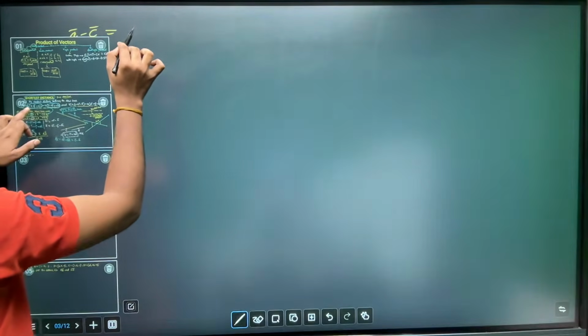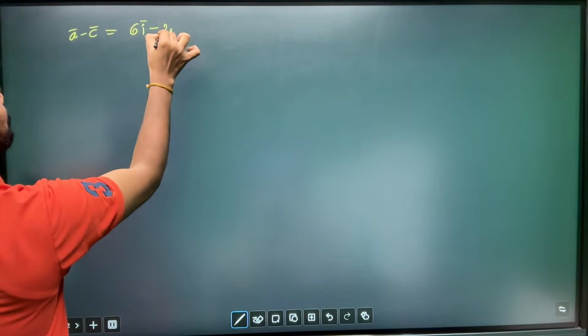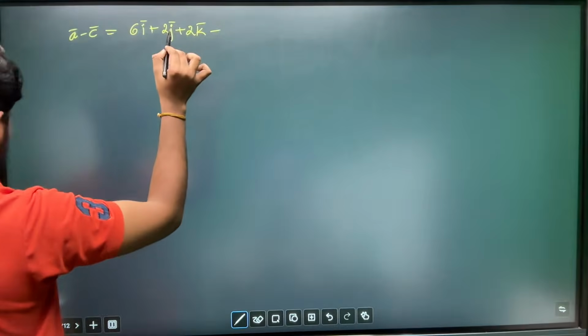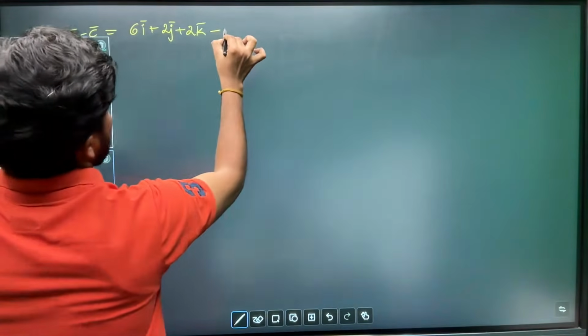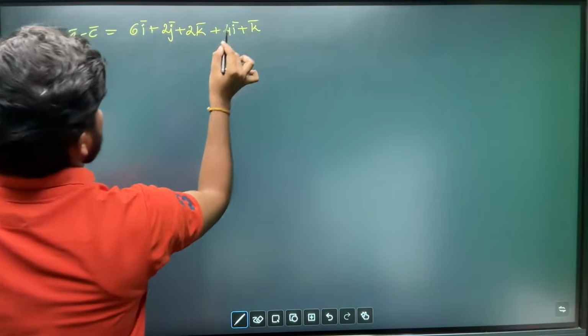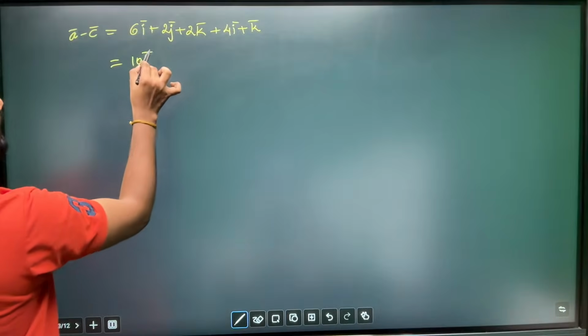So manaki a bar value 6i bar plus 2j bar plus 2k bar, minus c bar value. What is c bar value ma? Minus 4i minus k, ante minus into minus plus, 4i plus k bar. Okay, so therefore manaki em ostadi ikkada chudandi. So 6 plus 4 enta ma, manaku 10i bar.